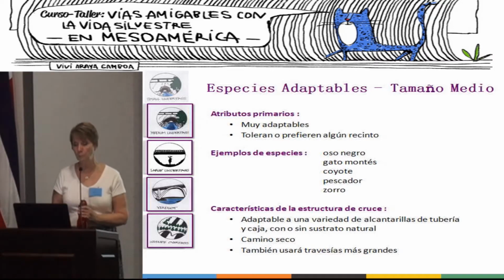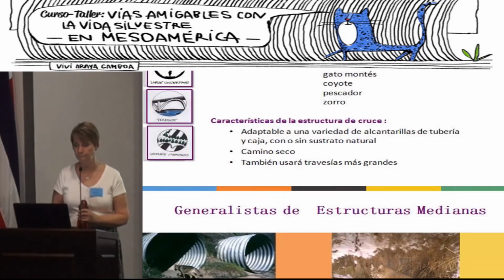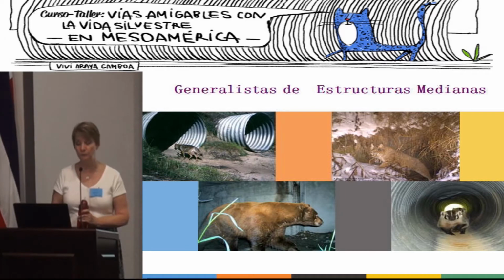So you don't really have to do too much with these. You're going to do a lot of good for them just by having any structure there. And this actually, interestingly, can include some species, even bears, black bears.